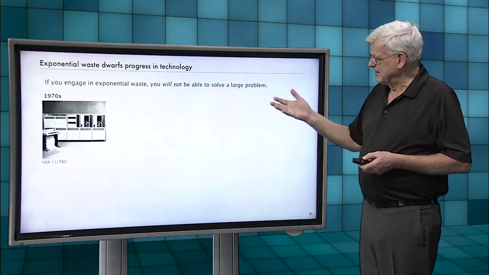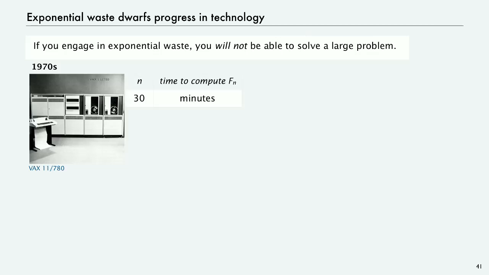Giving this lecture in the 1970s, where we had a computer, maybe it would take minutes to compute f of 30, hours to compute f of 50, and years to compute f of 60. This is a small computer that maybe could do 1 million instructions a second.